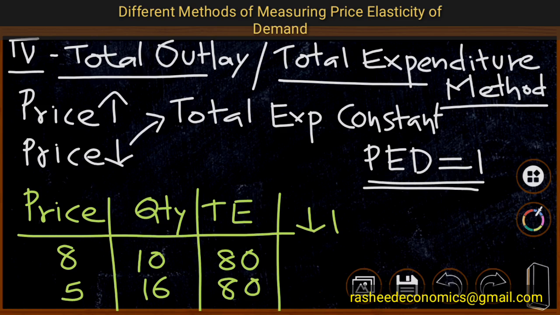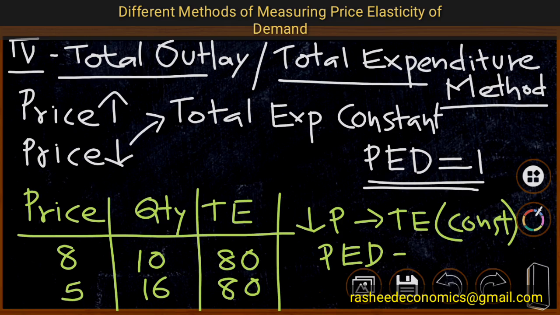Here, when the price of a product decreases, total expenditure remains constant, and we can say that price elasticity of demand is equal to 1, or there is unitary elastic demand.